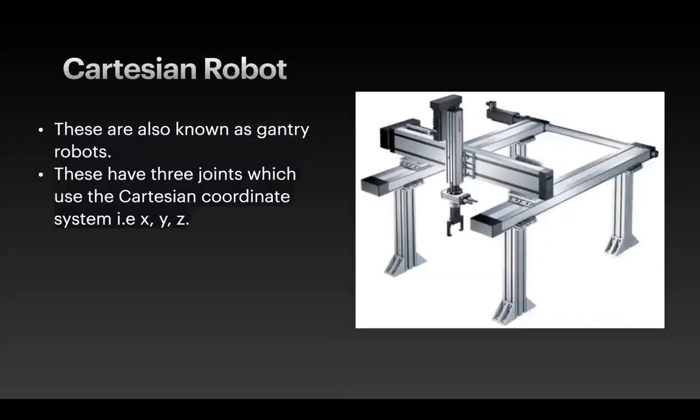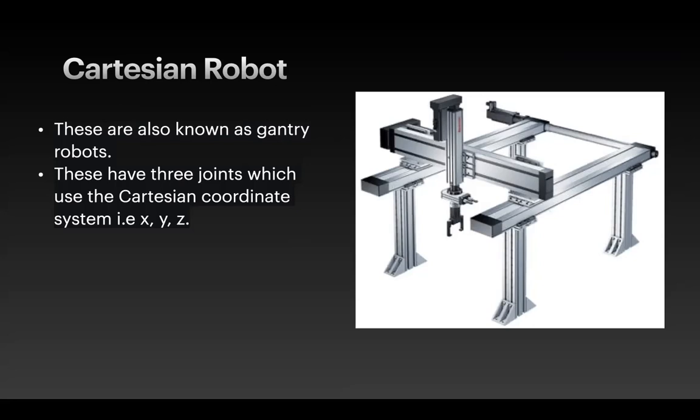And then there is a Cartesian robot. Has anyone of you seen a 3D printer? Yes, sir. Only in videos. Okay, brilliant. In videos, you can see a 3D printer is something like this.